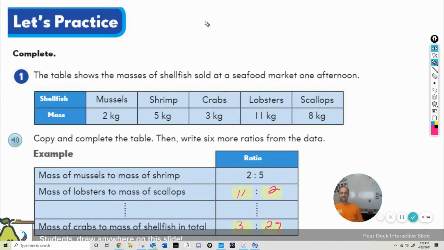Let's see. How about claws to no claws? I like this one. Lobsters, crabs, and shrimp have claws. That's 19, and the mussels and scallops do not. 10, 21, 29.